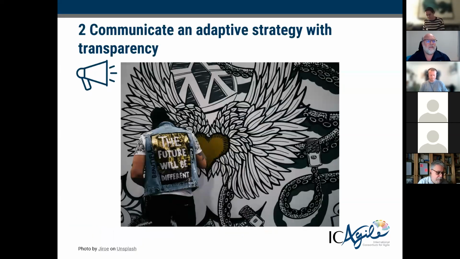Our second principle is communicate an adaptive strategy with transparency. Organizations today need a strategy that supports their vision, their true north, to effectively respond to changing environments.